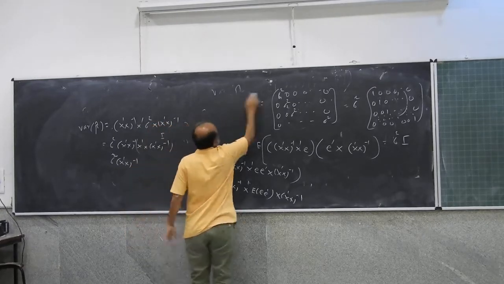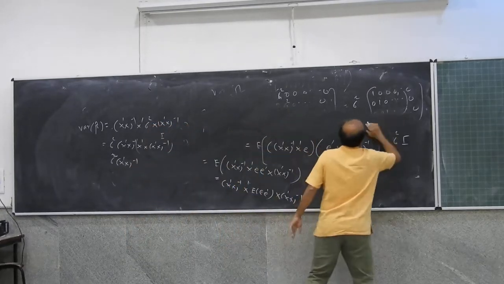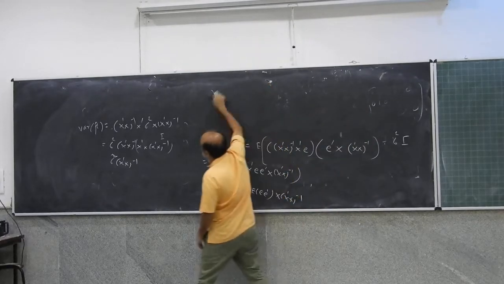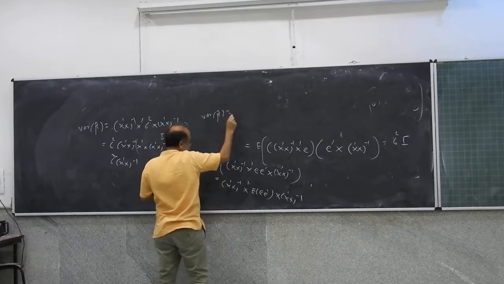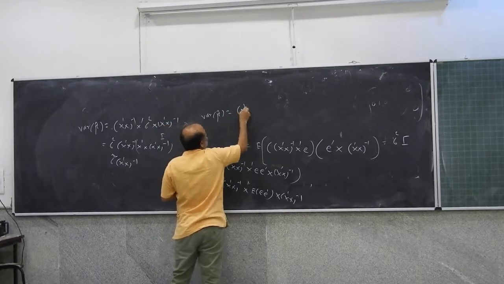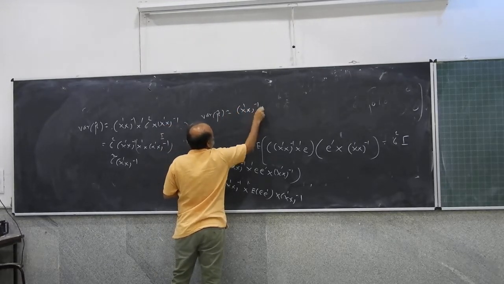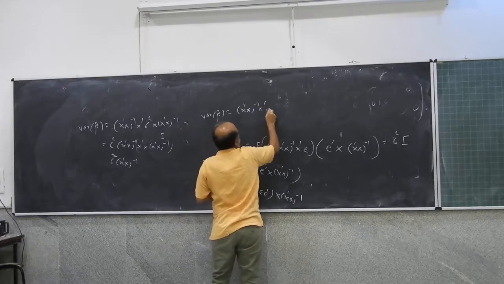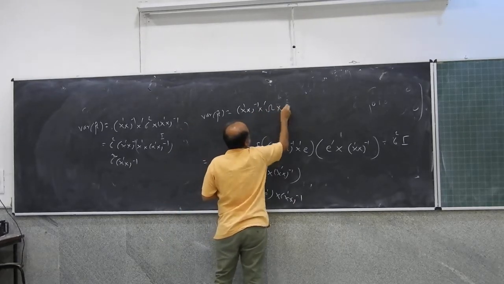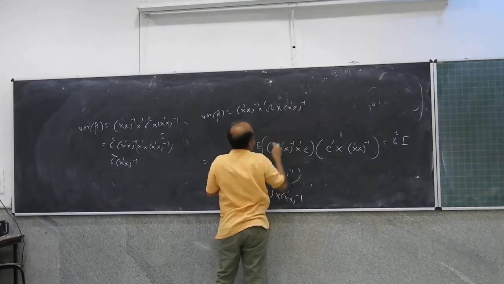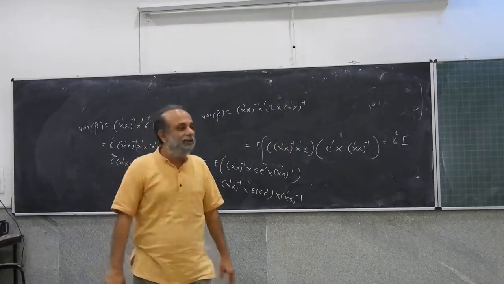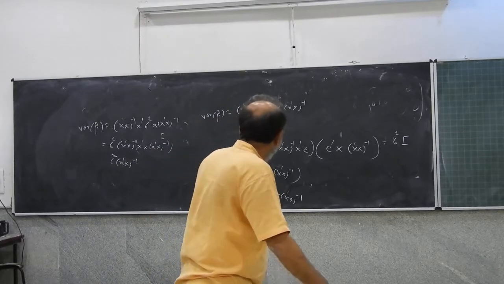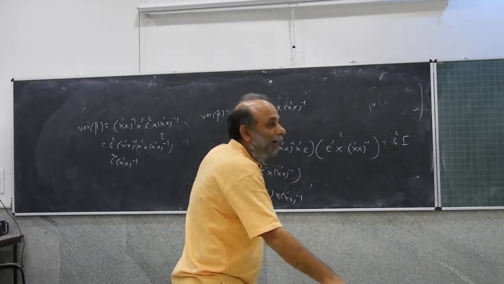If there is heteroscedasticity, my variance of beta hat will become x dash x inverse, x dash, omega, then the middle term will be omega, some matrix.